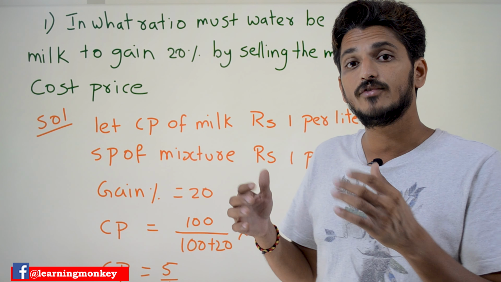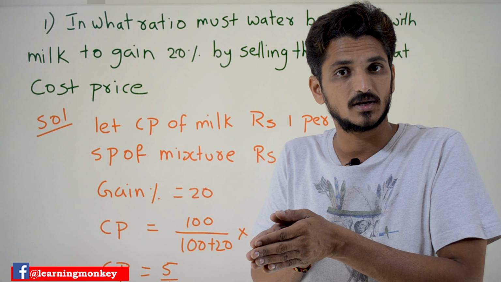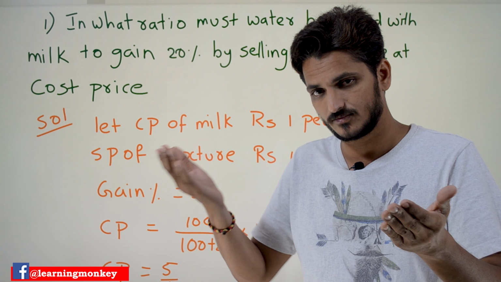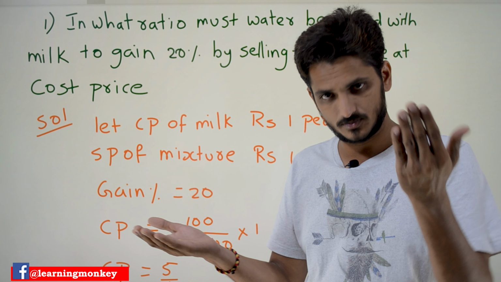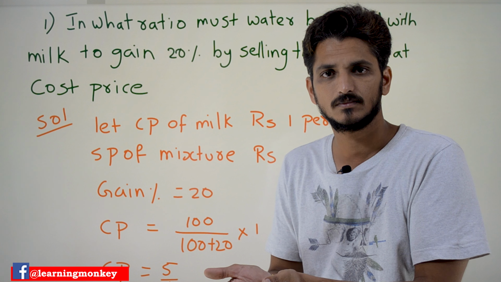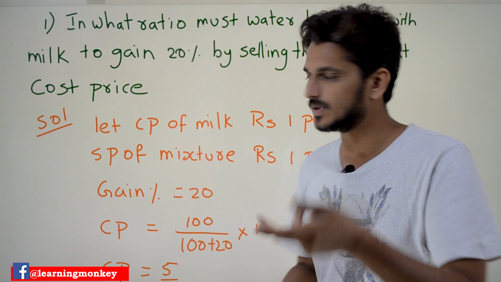Now we need to identify the actual cost price of the mixture. Because in alligation, if you want to identify the ratios, we need the cost price of the first ingredient, the cost price of the second ingredient, and the cost price of the mixture, which we call the mean price.